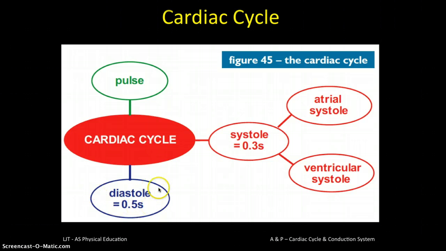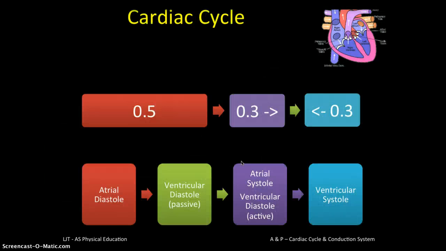Diastole typically takes about half a second, so 0.5 of a second, so it's quite quick. But even quicker we have systole, so the contraction phases of atria and ventricle contracting takes 0.3 of a second. So in total a single cardiac cycle might take 0.8 of a second.